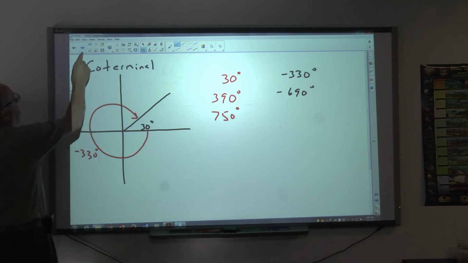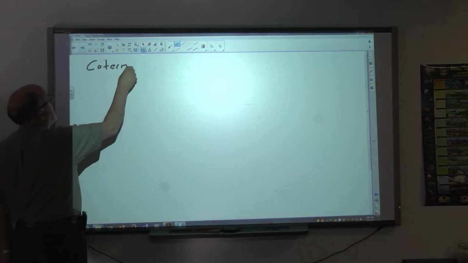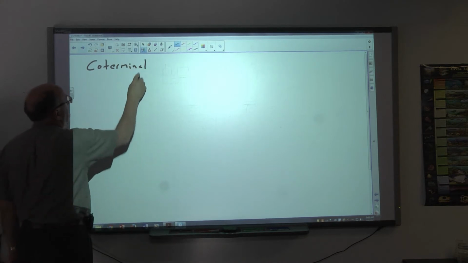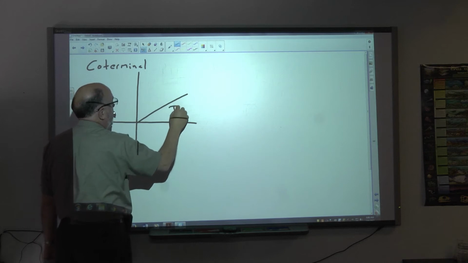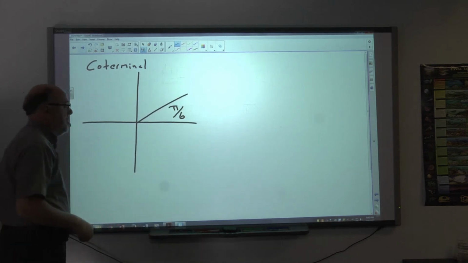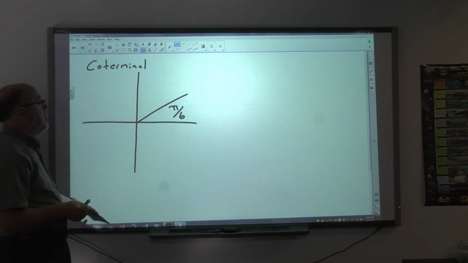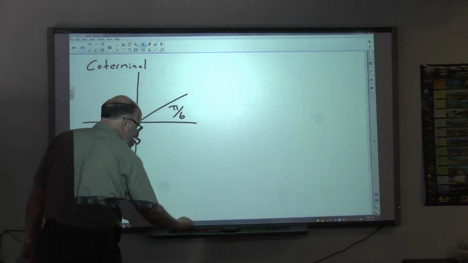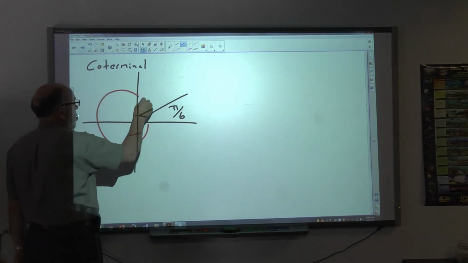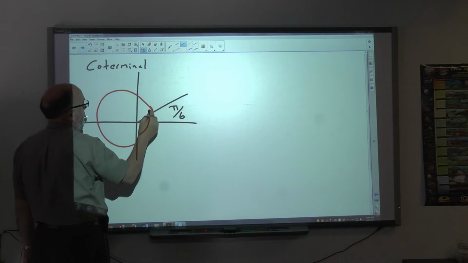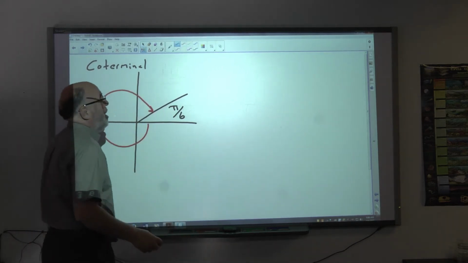I can also do the same thing in terms of radians. So again, if I have here pi over 6, I know what's coterminal with that. If I go around this way, the angle all the way around the circle is 2 pi.